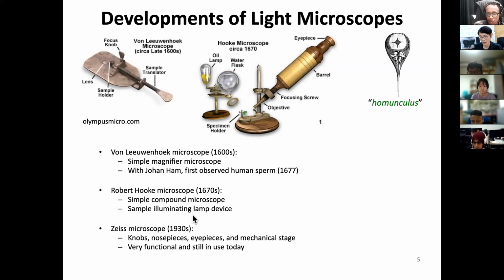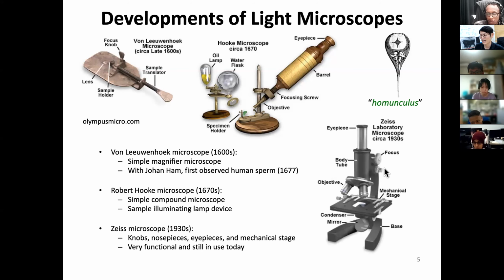And then afterwards, in 1930, Carl Zeiss made a popular microscope. That's why Germany is still really strong in terms of microscopy. And you can see this one is almost 80, 90 years old and is still pretty much similar to and usable today.